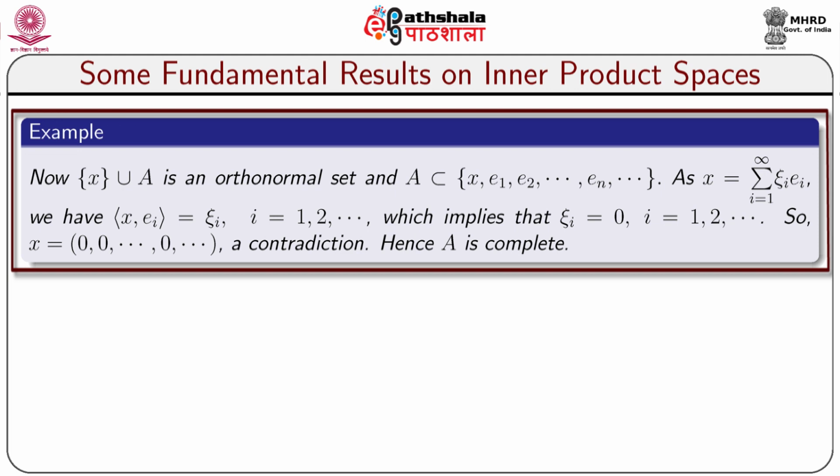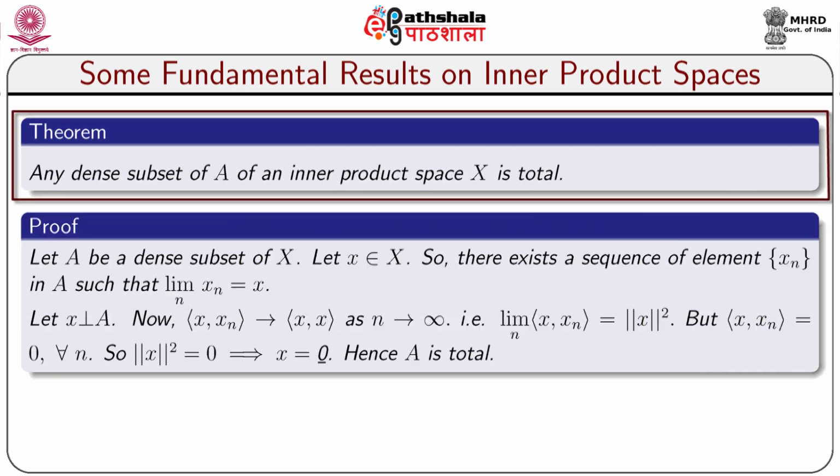We have inner product x comma ei is equal to xi i, where i equals 1, 2 and so on, which implies that xi i equals 0 for all i equal to 1, 2 and so on. So, x equals 0, 0, ..., 0, that is, x is the zero vector, which is a contradiction because we have assumed that x is a non-zero vector. Hence, capital A is complete.